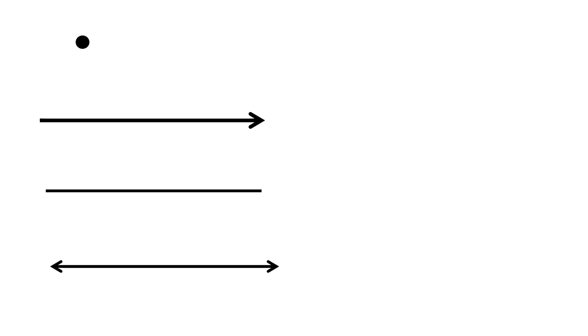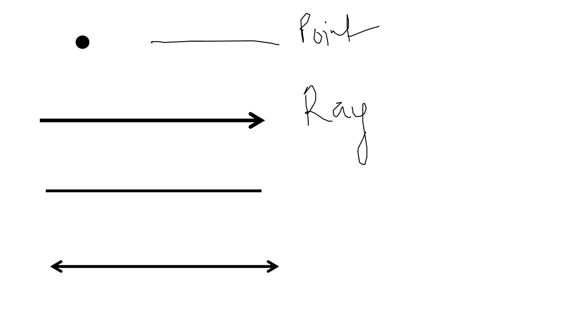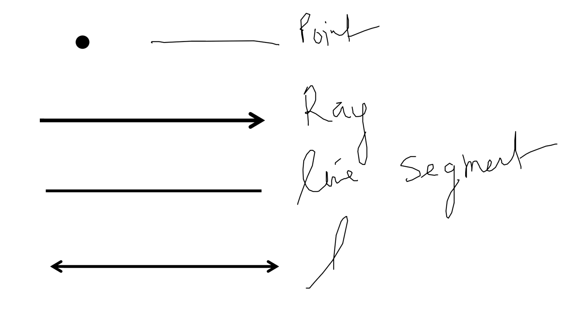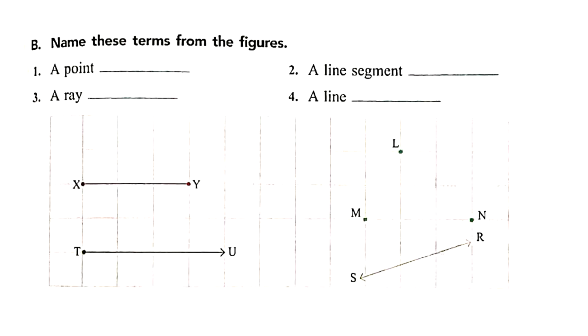Now, as you can see here, there is a small caution here. So this is point. This is ray. It has got one end point, one arrow. This is line segment. This is line segment and this one is line.